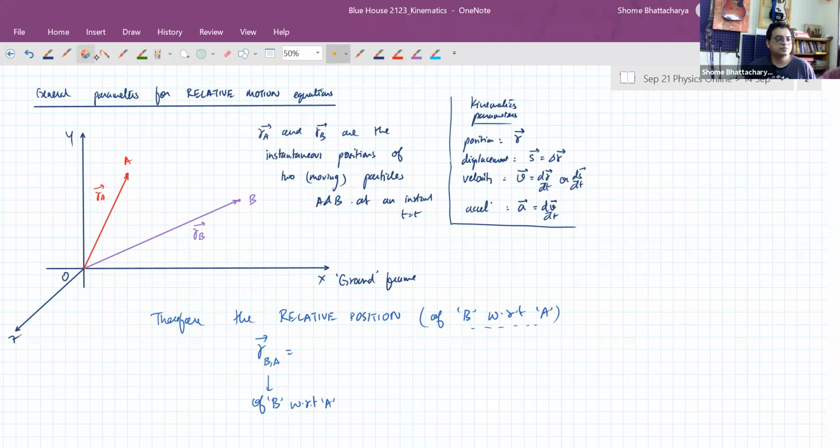So the relative position of B with respect to A is how much? Now we can see in the diagram what we mean by the relative position will be this vector. You shifted your origin to the point A because A has become your reference frame. So with respect to A, where is B located? It is located here. This is the position vector of B in relation to A. So vectorially, you can see it is nothing but the vector RB minus the vector RA.